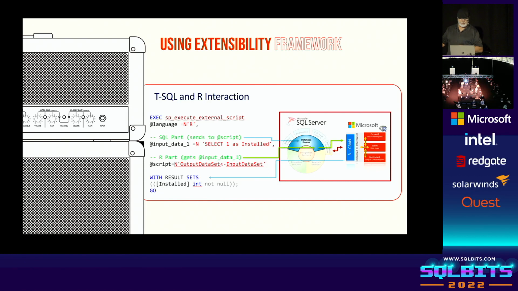The R part is what comes in the @script variable. And basically it says, in this case, the huge R script I have is the output equals the input. So when this one runs, if it works, it's either going to be 1 or 0. That's it. And then I say with result sets, come back with the word installed at the top and a 0 or a 1, and that's a not null. It's got to have something in it.